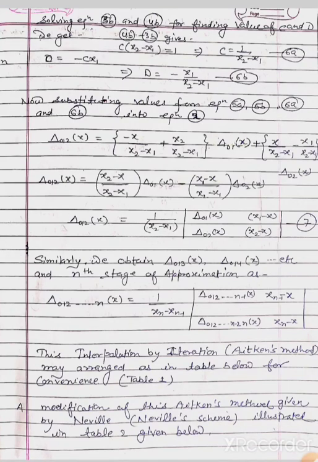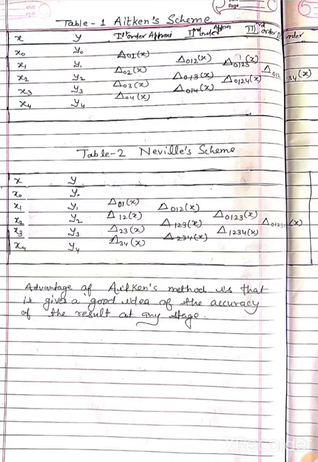This Aitken's method can be explained more by the table given on the next page in table 1. Here the Aitken's method or Aitken's scheme can be shown. These are the given data points of x and y, and in the first approximation we obtain delta 0 1 x, delta 0 2 x, delta 0 3 x, delta 0 4 x.